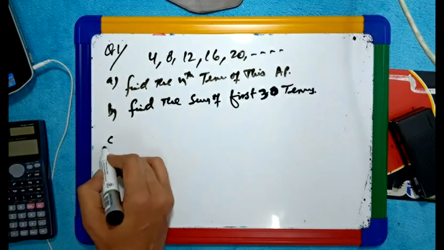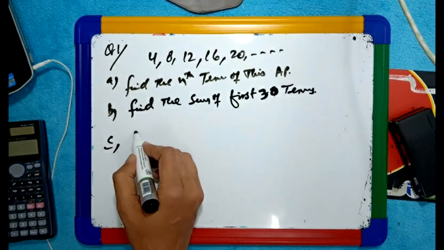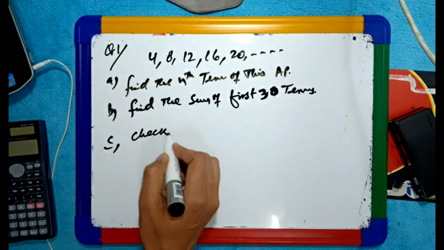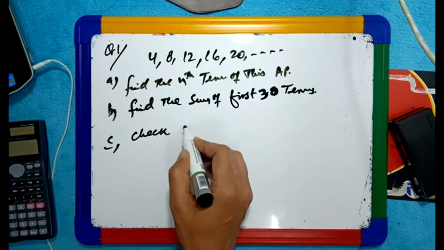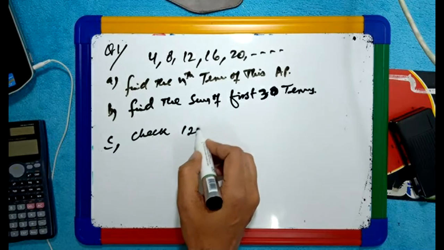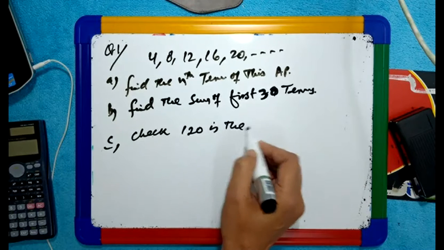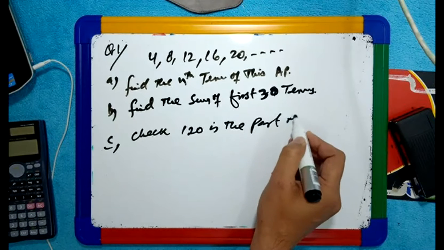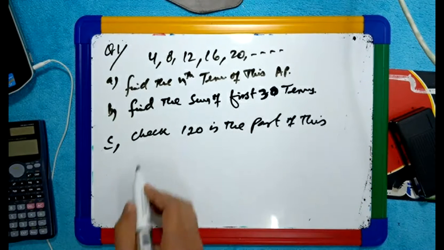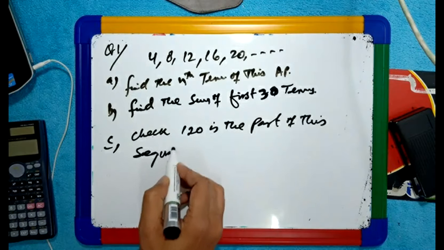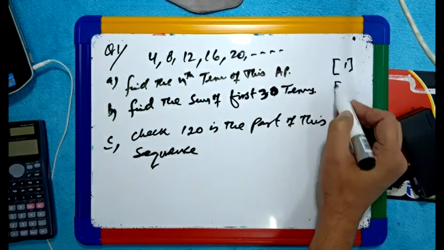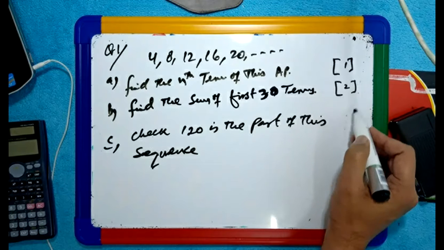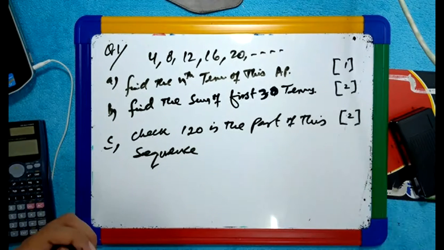C part, check 120 is part of this sequence. This is 1 mark, this is 2 marks, and this is 2 marks. Do.